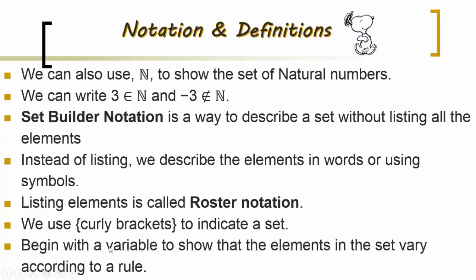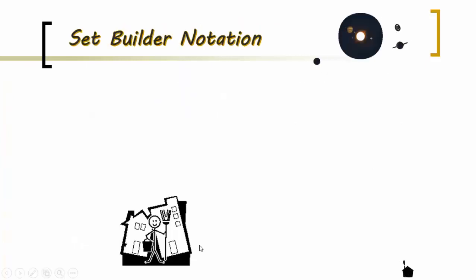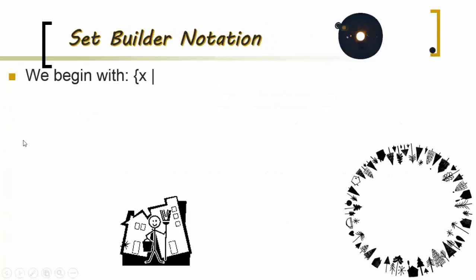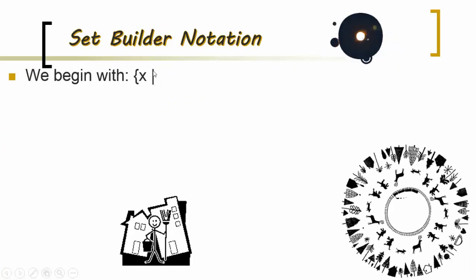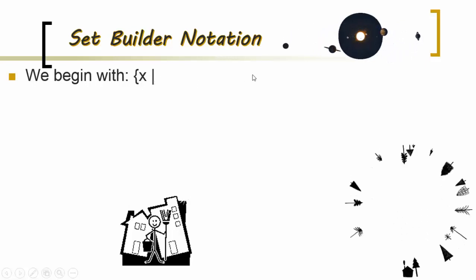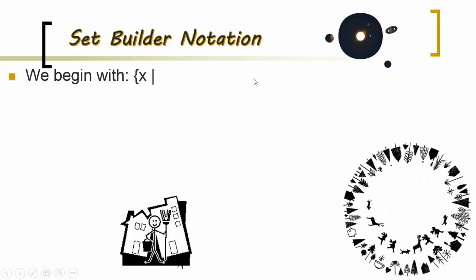When we use set builder notation, we use curly brackets, and we begin with a variable to show that the elements in the set behave according to the rule that comes right after the line. So we begin with x, our variable, and here is the line, and after this comes our rule.